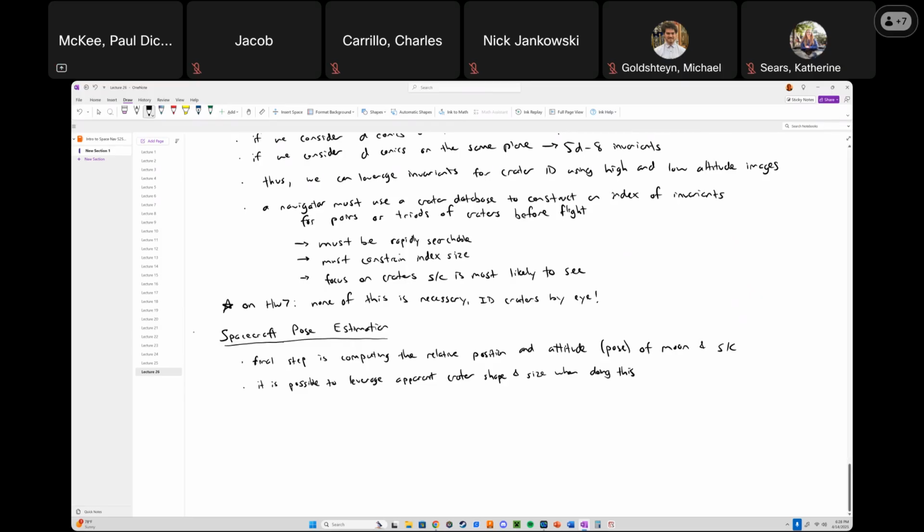But we'll leave that out of this discussion. The idea there was like, oh, this crater appears highly elliptical. I have to be looking at it kind of slantways. And that means that my altitude needs to be between this and this. There are ways to kind of bake in the apparent shape of your craters into your solution. What we're going to do in this class is just focus on crater centers and their corresponding latitude and longitude.